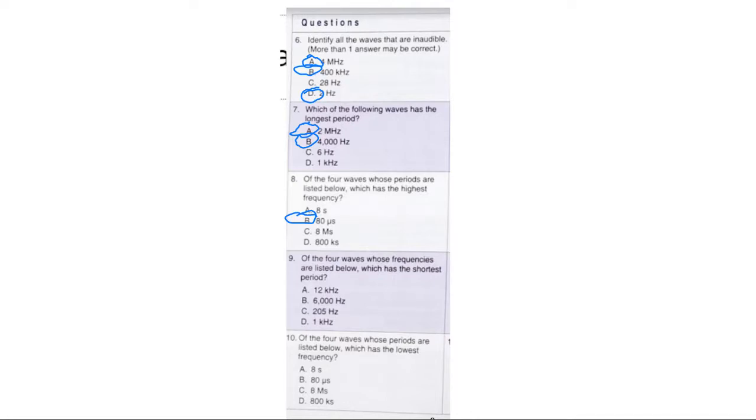Okay, excellent. Of the 4 waves whose frequencies are listed below, which has the shortest period? Got to read these problems carefully, I think.